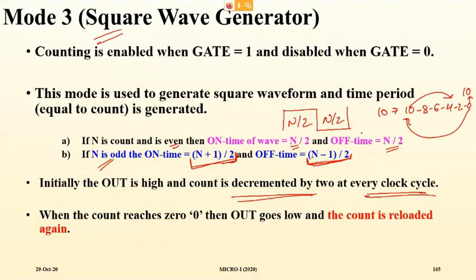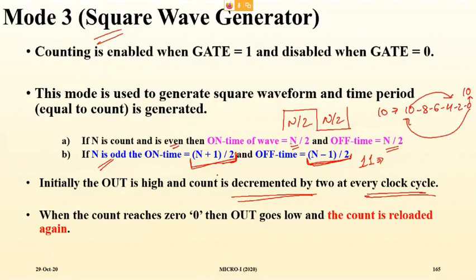Now the question is, for an even number system it is okay, but for an odd number system, the output will remain high for n plus 1 by 2 time period, and it will remain low for n minus 1 by 2 time period. Suppose now you are choosing an odd number like 11. For 11, the system will remain high for 11 plus 1 by 2, which is 6.